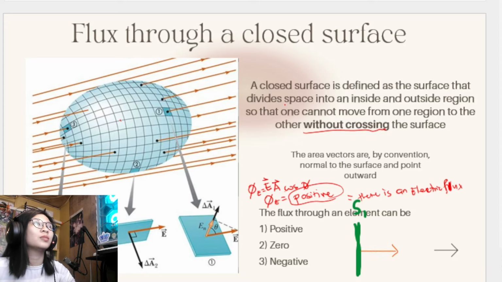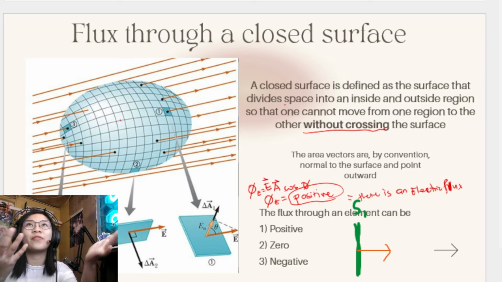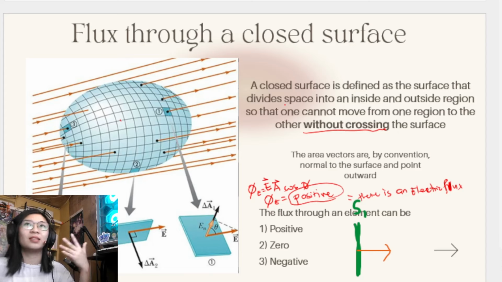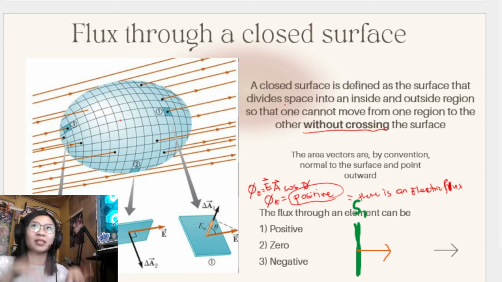Remember that in electric flux in a closed surface, your A is always facing outside of your closed surface. It is not inside, but outside. So S1, or surface 1, has its A pointing outward.